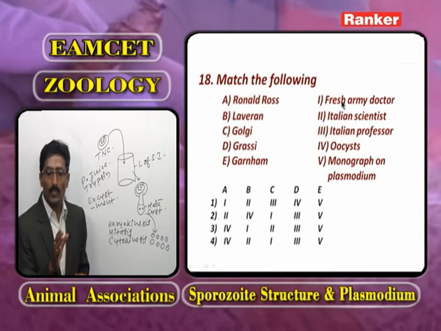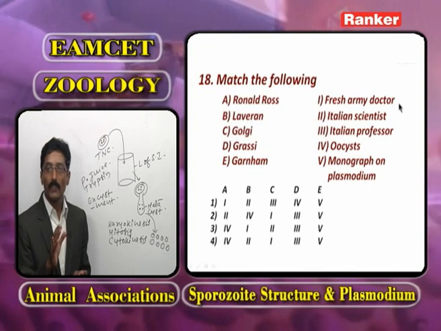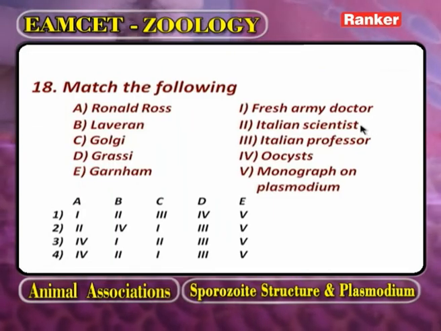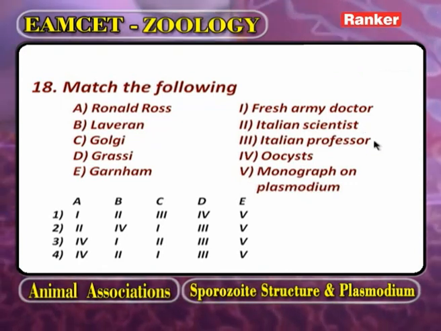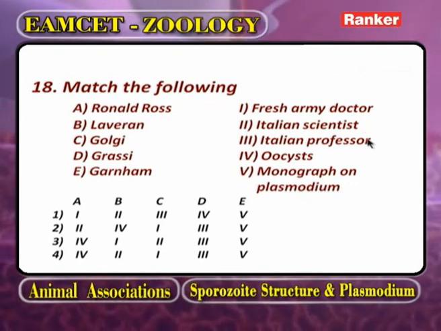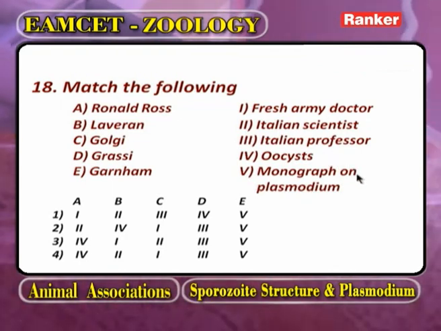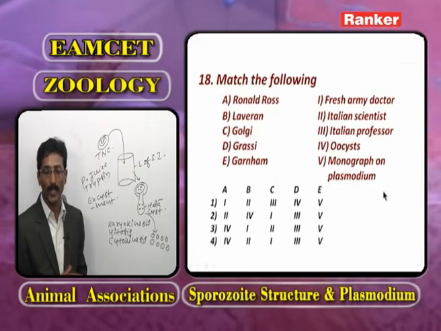Now, as we observe list 2: French army doctor. The second one, Italian scientist. Third one, Italian professor. Fourth one, zoologist. And the fifth one, monograph on Plasmodium. Now we have to discuss one by one.